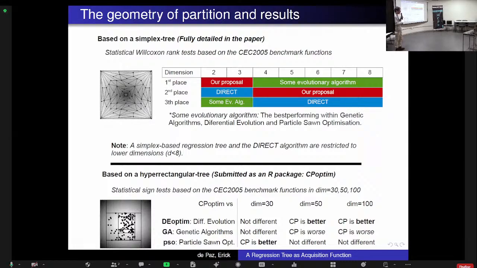So for evaluating our approach in higher dimensions, we implemented a rectangular partition. This geometry seems not very proper to fit a function. However, in higher dimensions, well, not so high, in dimension 30, 50, and 100, nonparametric tests show that our approach is very, very competitive.